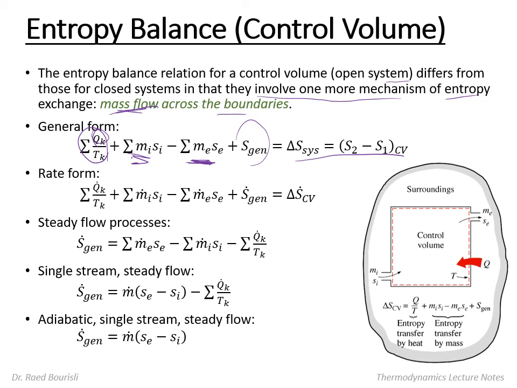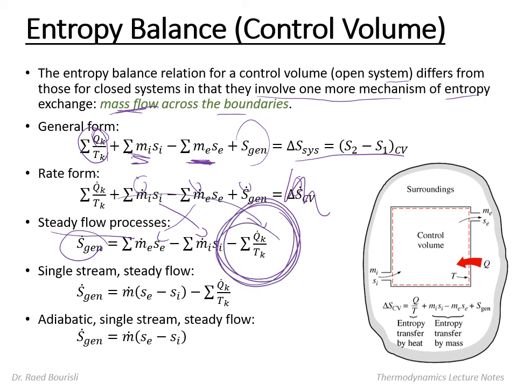In rate form, I'll put dots on these things, and in steady flow processes, the change term will go away. So Sgen will be equal to Se minus Si minus Q. Okay, and this is very important, a source of confusion.